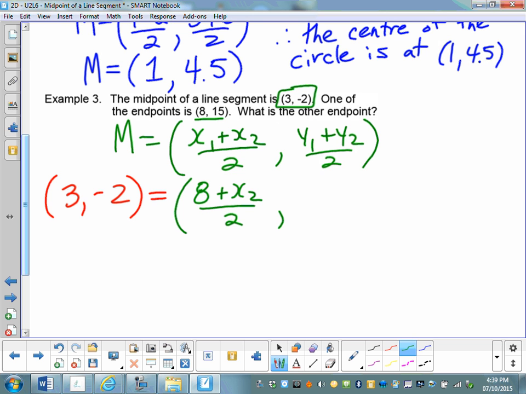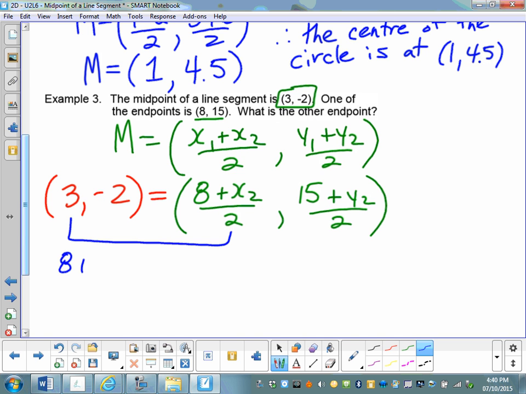One of the y values is 15, but we don't know the second y value. Okay, so it looks a little messy there, but at this point what we're going to do is do each coordinate separately. So I'm actually going to work with the x's together.